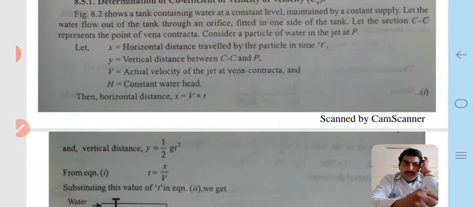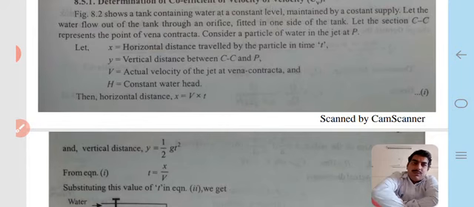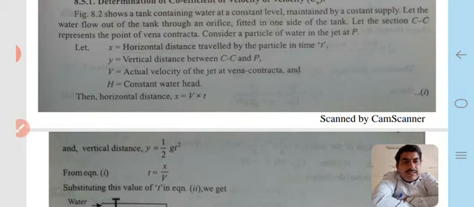Then horizontal distance x is equal to v into t, distance is equal to velocity into time by Newton's law of motion. And vertical distance y is equal to 1 by 2 g t square, because s is equal to ut plus half g t square, and the initial velocity is 0. From equation 1, t is equal to x by v.